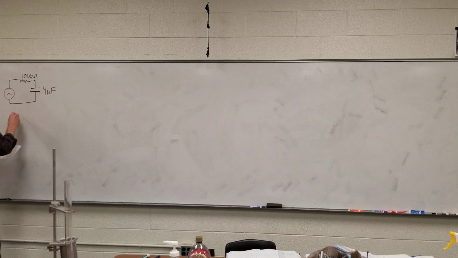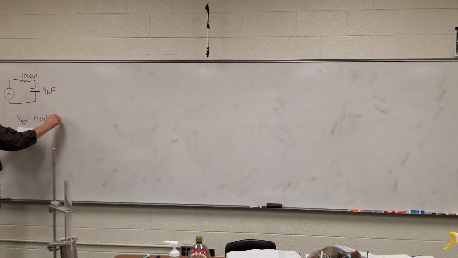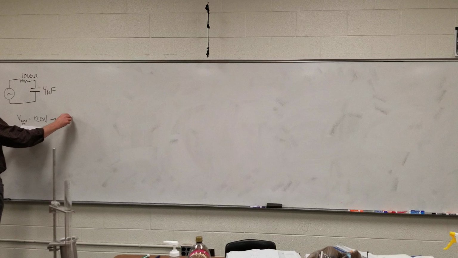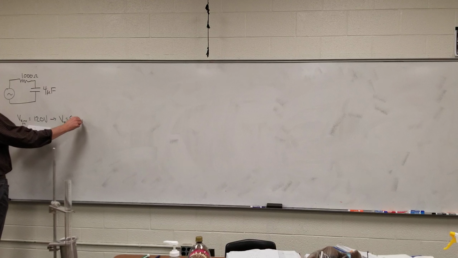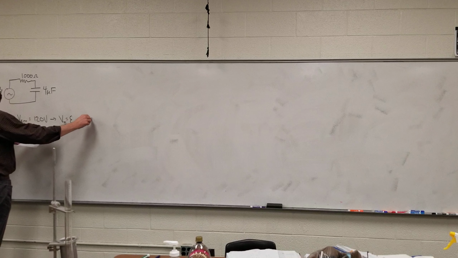That also said that the RMS value of the voltage from the power source was 120 volts, which had us come up with the power source max, which I labeled as epsilon sub 0, 169.7 volts.